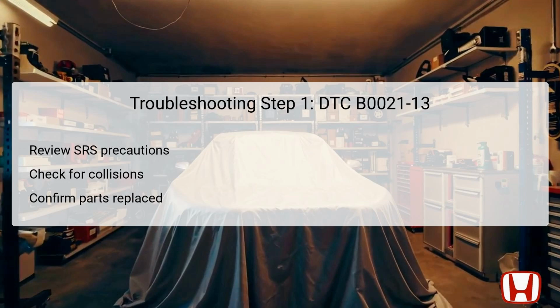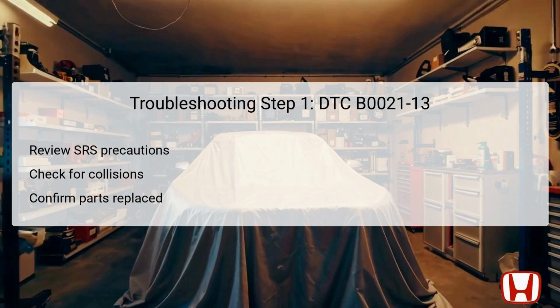Finally, confirm that all required parts, specifically the curtain airbags and electrical components, were replaced with new OEM parts properly installed. This foundational step sets the stage for more detailed inspections and helps to avoid unnecessary complications during the following procedures.